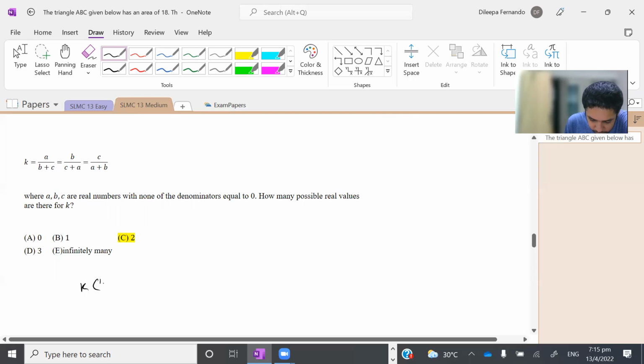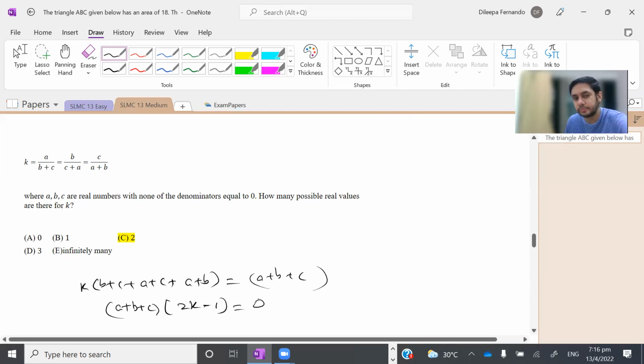k into b plus c plus a plus c plus b equals a plus b plus c. Just say a plus b plus c into 2k minus 1 equals 0. Right. Now k equals half.